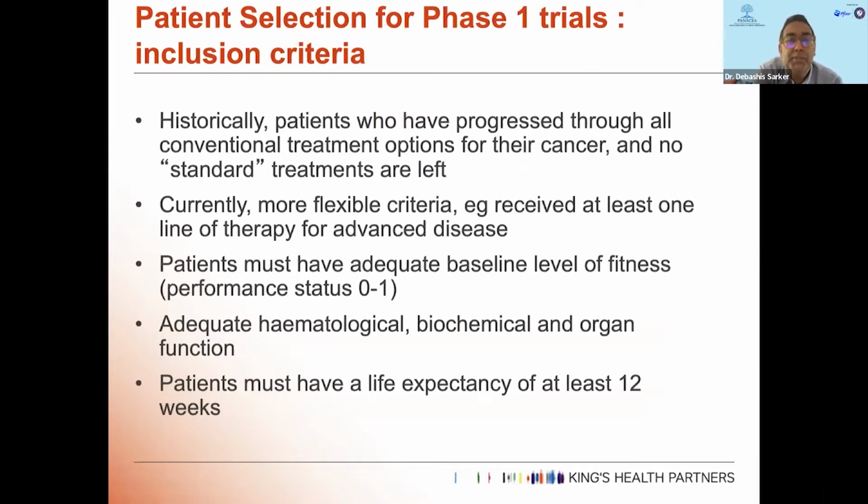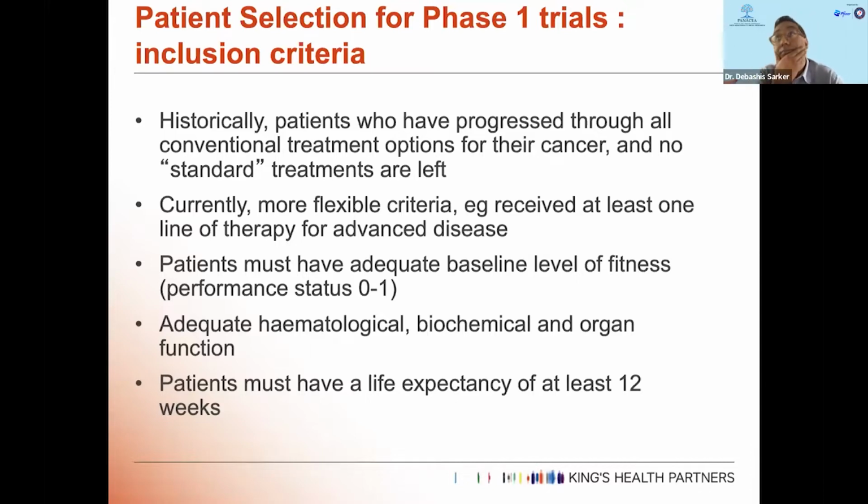Now we are a little bit more flexible, and whilst we are still evaluating the majority of these drugs in an advanced disease setting, leaving patients to a point where they don't have any standard options left and are very heavily pretreated has now reduced, and we're introducing phase I trials often at a much earlier point. But they must still have an adequate baseline level of fitness, so usually good performance status, 0 or 1.